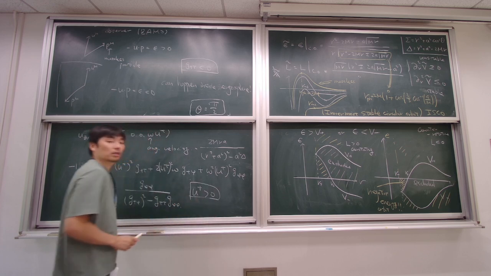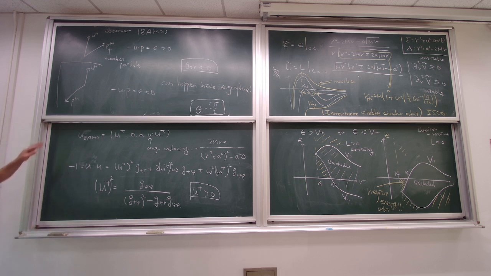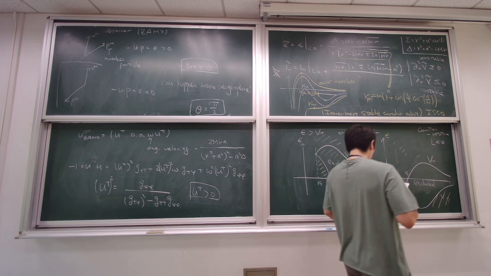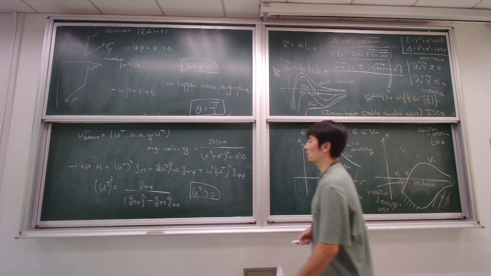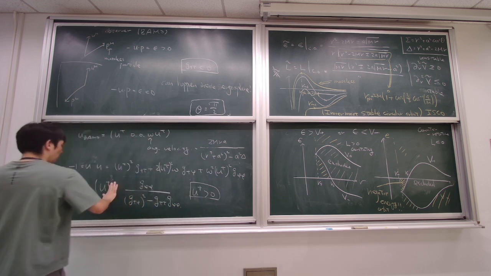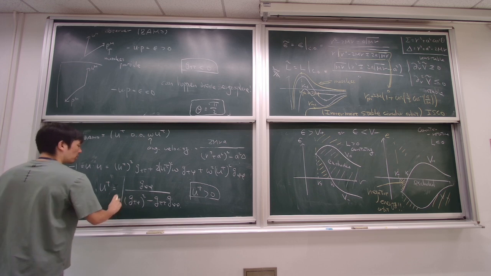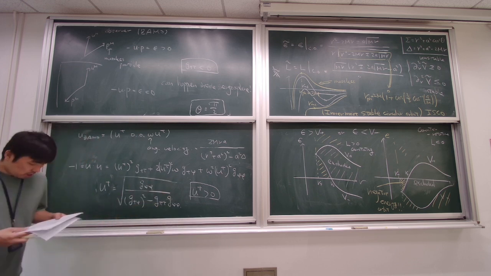So if you take the square root, you only take the positive part, equal to the square root of this one.